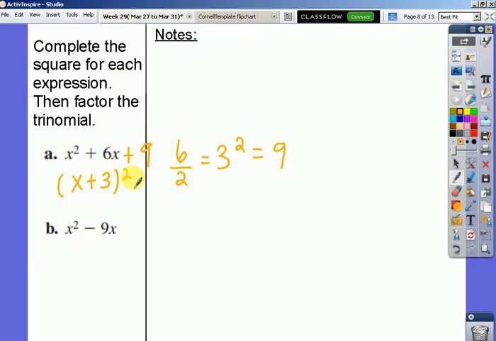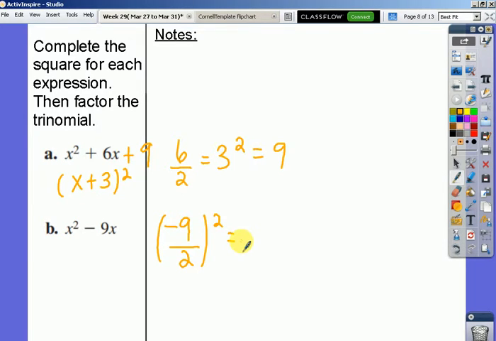Right. Same thing here. Take that coefficient, which is negative 9. Divide that by 2. And then we're going to go ahead and square that, right? So it's okay if we end up with a fraction. I'm going to square that fraction. And what do I get?